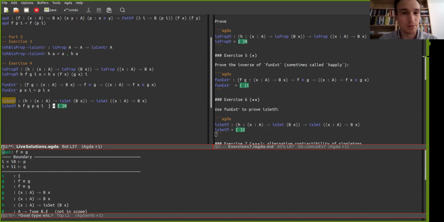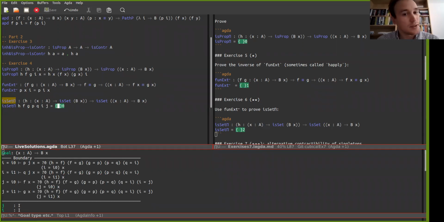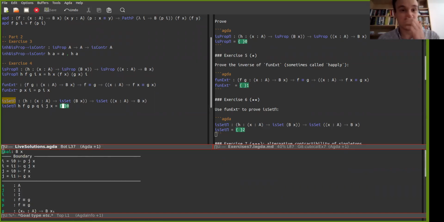So we can give it one more interval variable j, and we have to give it a dependent function such that something happens on the boundaries. And now we have two interval variables, so there are 4 cases. So it gets a bit more complicated. But okay, we have to give it a dependent function, so an x. Now it's actually more readable.